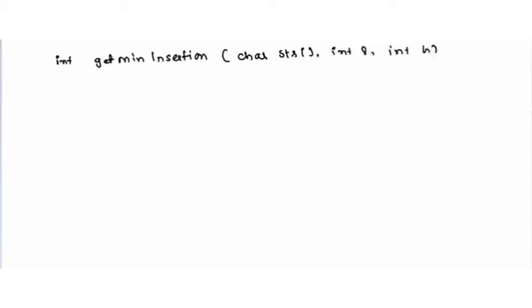So let's write a function called integer get minimum insertion for the given character string array. We are passing integer L and integer height. Now let's see what things are required.